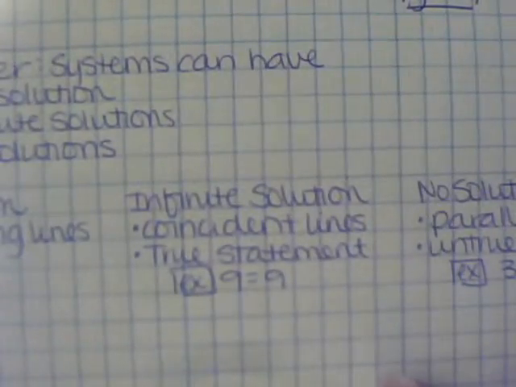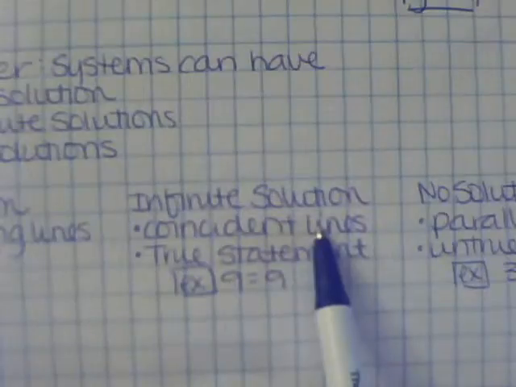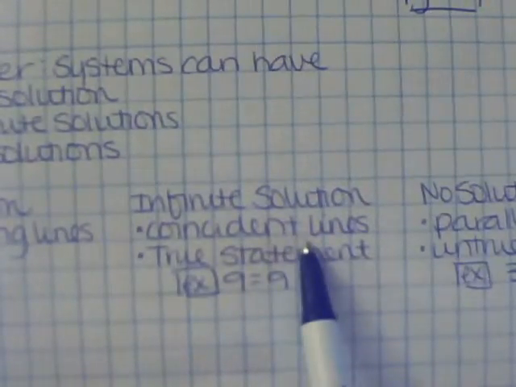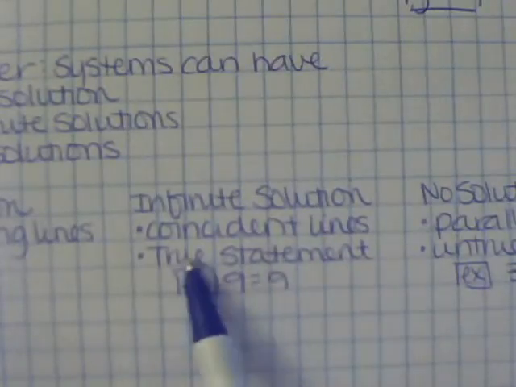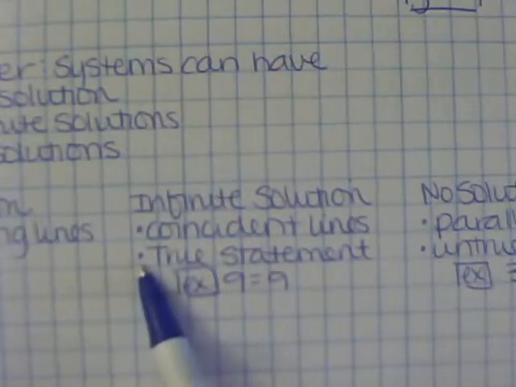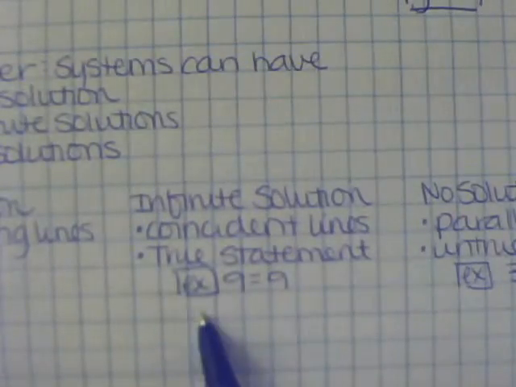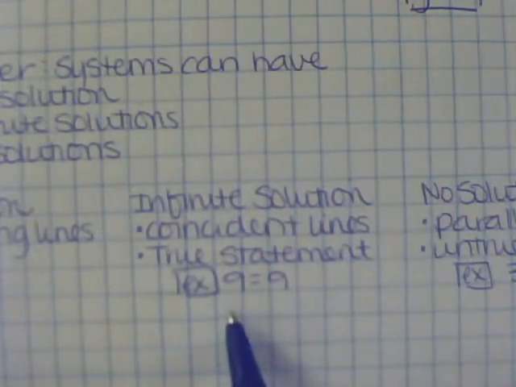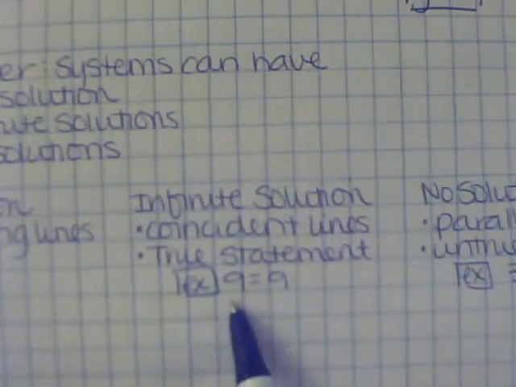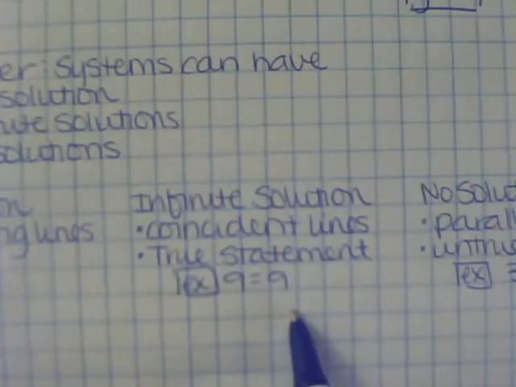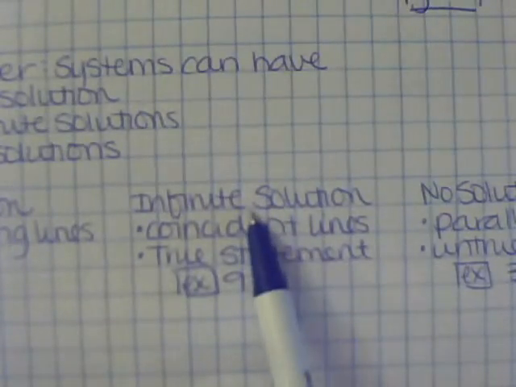It means that when you graph both of the equations on a graph, they end up being the exact same line, one right on top of each other. This happens when you're solving algebraically when the variables disappear and you're left with a true statement. Example, if you're solving a system, suddenly x disappears and y disappears, and you get 9 equals 9, that's a true statement. It means that there's infinite solutions.